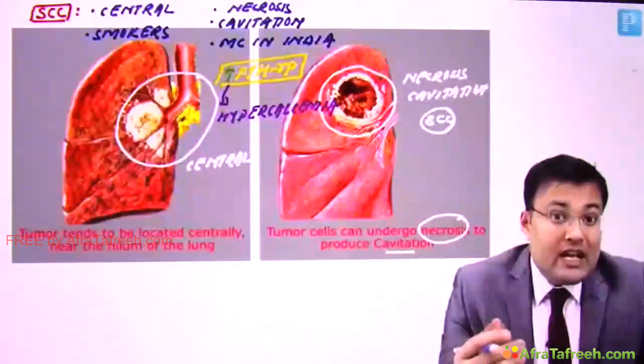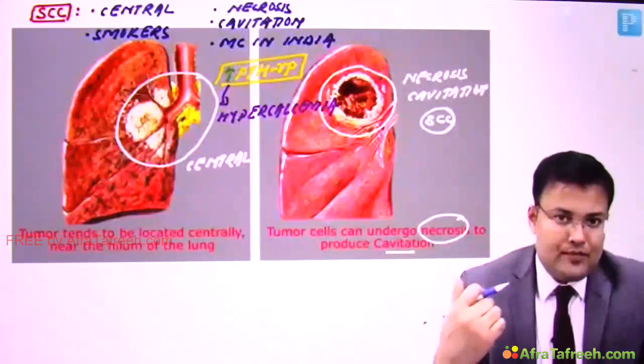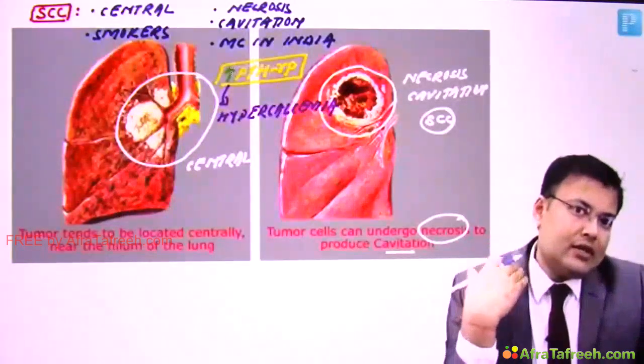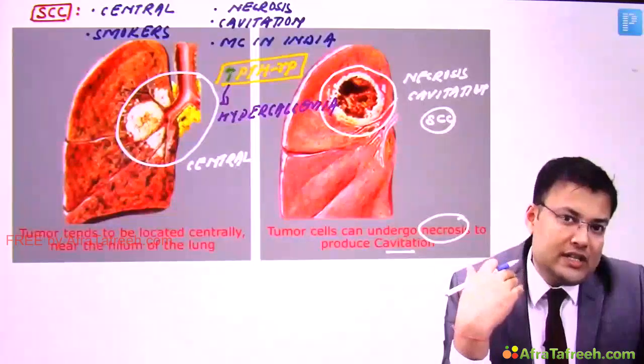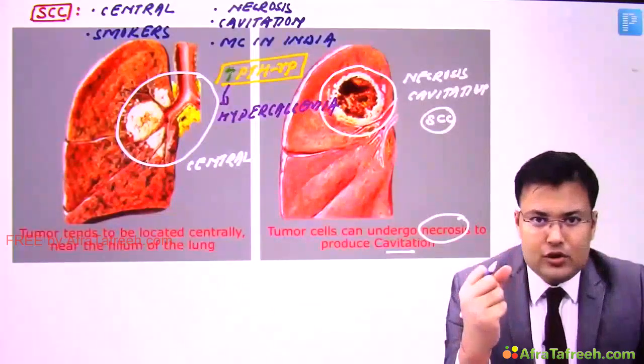Squamous cell carcinoma can be peripheral also, and we discussed sometimes there is one tumor near the apex of the lung involving root value C8-T1. So these are Pancoast tumors.